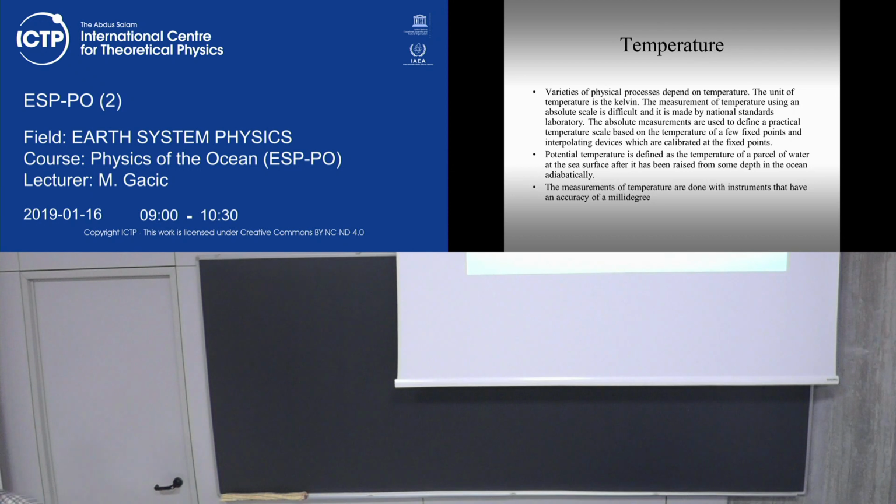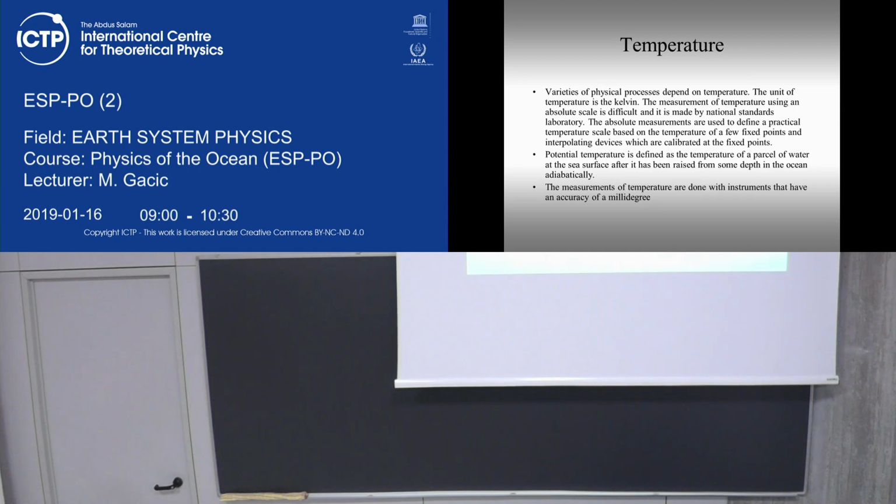So what does adiabatically mean? That means that we are neglecting the influence of the pressure. Say we have a particle at a certain depth, 2,000 meters, and there the particle has a certain temperature. But if we bring this particle to the surface, it will increase its volume, and it will obviously change its temperature accordingly.